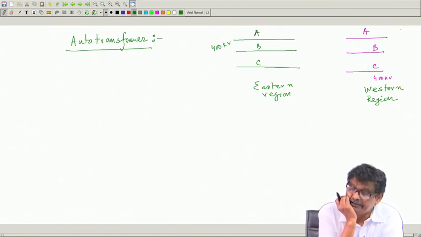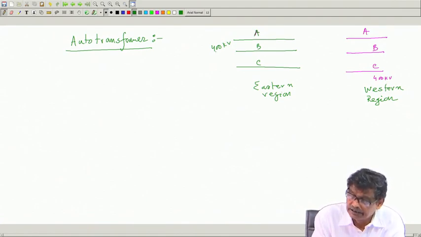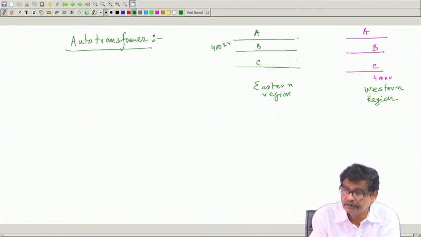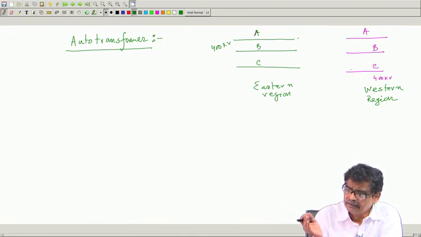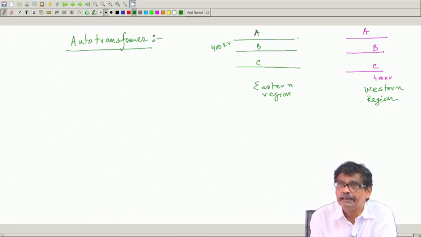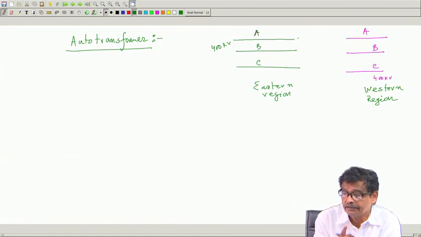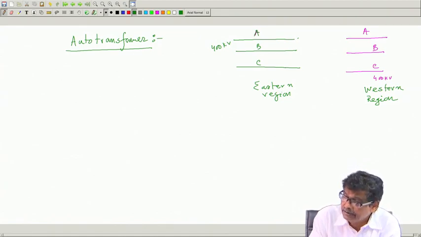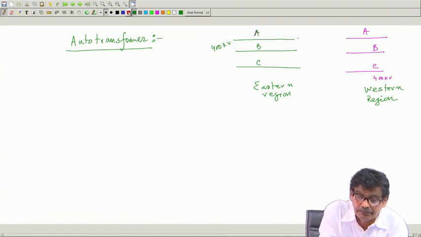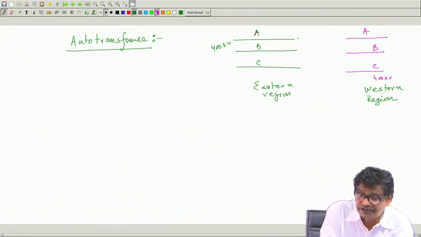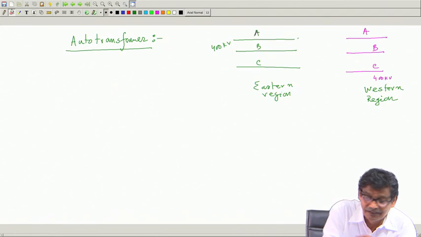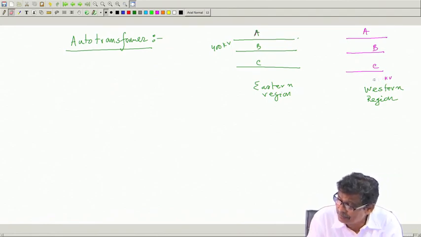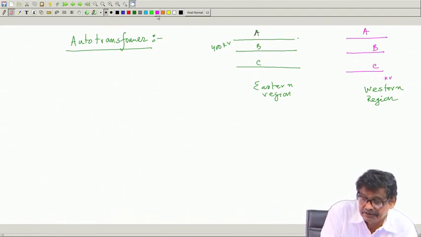Now, what happens is this is 400 kV. When you connect these two, if you want to short this, you cannot just do it like that, because the level of the voltage must be the same. It may so happen that this side voltage is not 400 kV because of some practical reason, it is suppose 390 kV.